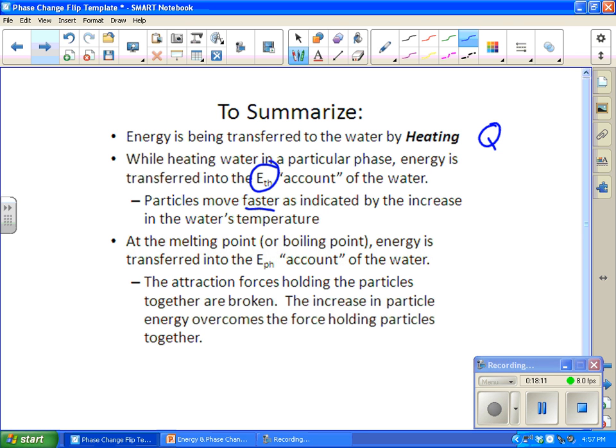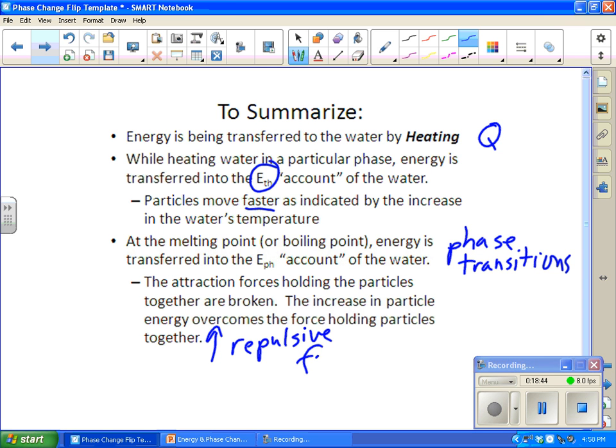During phase transitions, either by boiling at the boiling point or at the melting point, energy is transferred into the phase energy account of the water. The attractive forces holding the particles together are broken, and the increase in particle energy overcomes the force holding the particles together, and there is greater repulsive forces.